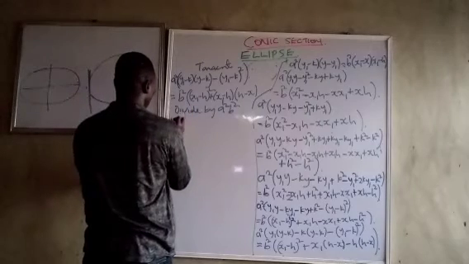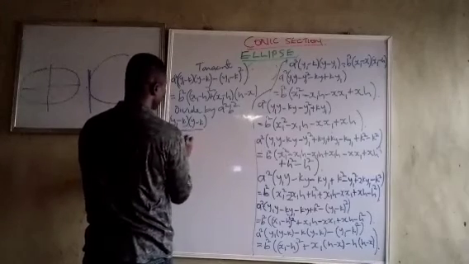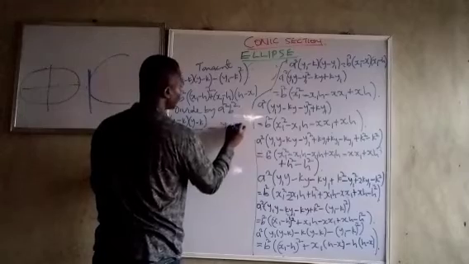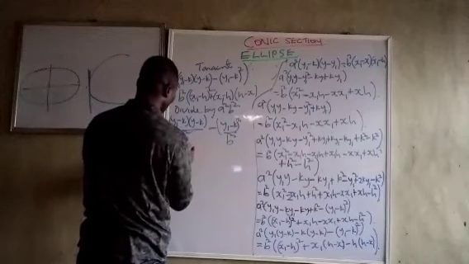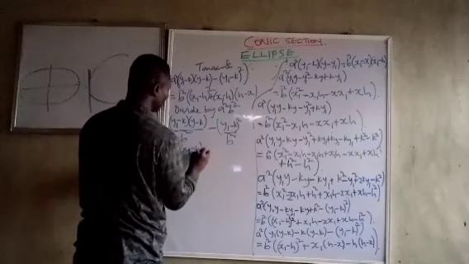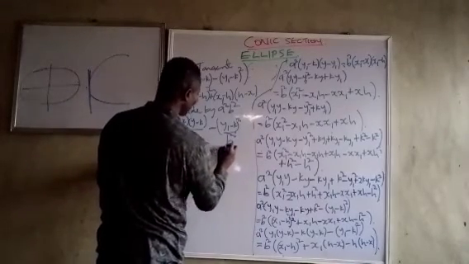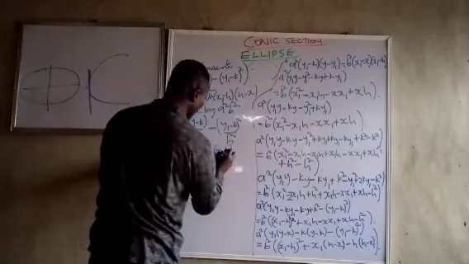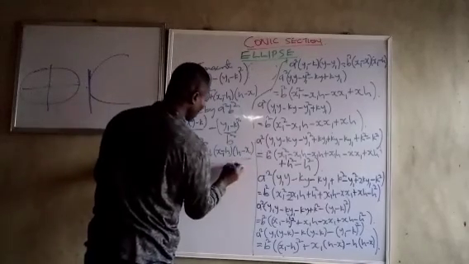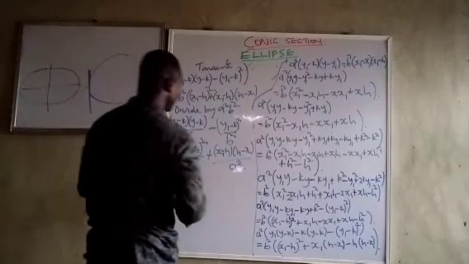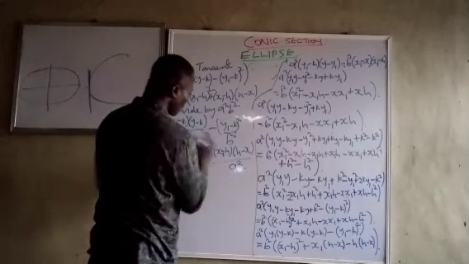It's going to give us y1 minus k into y minus k over b squared minus y1 minus k squared over b squared is equal to x1 minus h squared over a squared plus x1 minus h into h minus x over a squared.